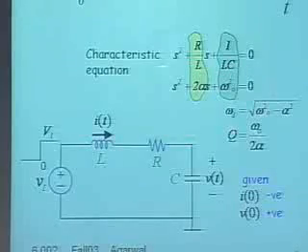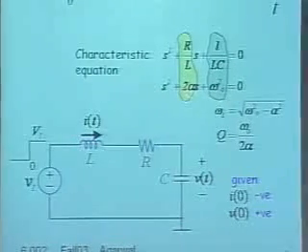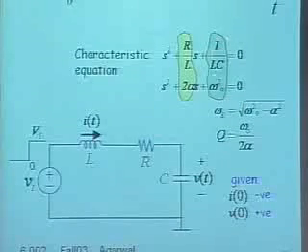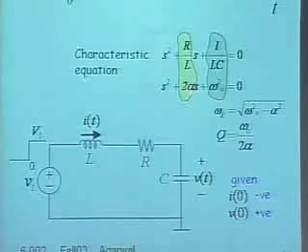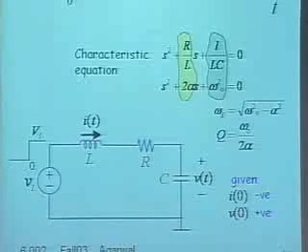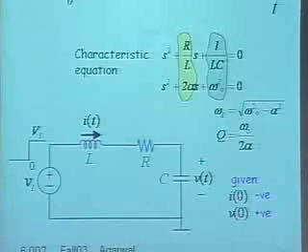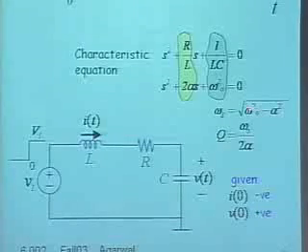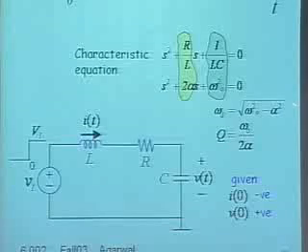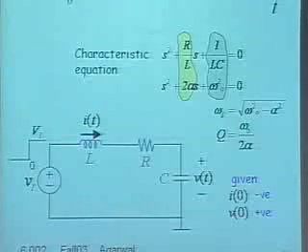And I write the standard canonic form as s squared plus 2 alpha s plus omega naught squared. And omega naught is simply 1 by square root of LC. And alpha is simply R divided by L, and I have 2 in the denominator as well. And then I get omega d, which is my damped frequency, given by omega naught squared minus alpha squared.